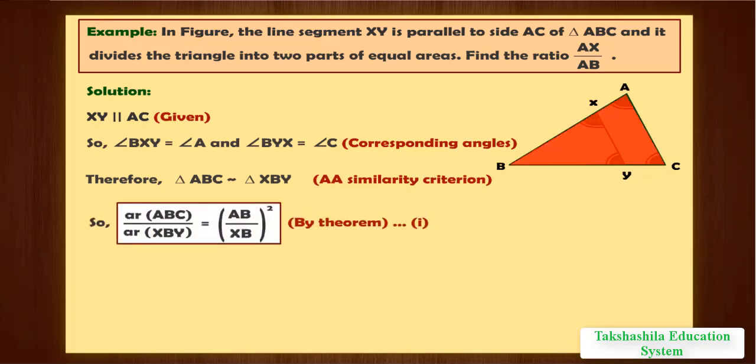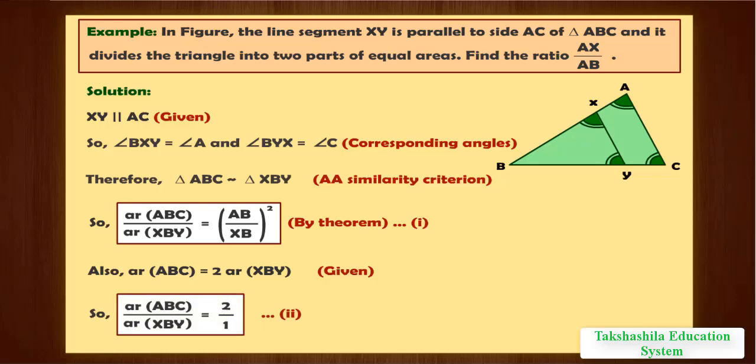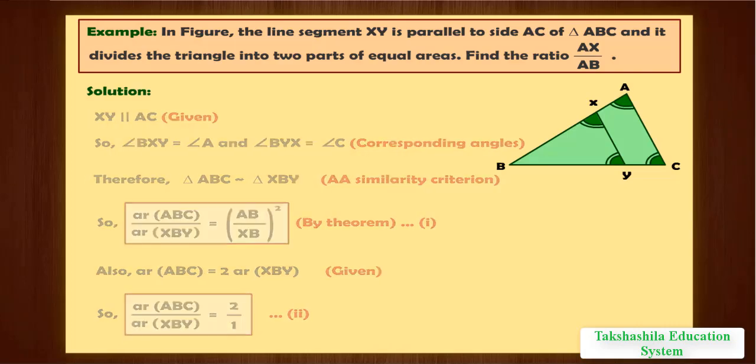So, by the theorem, area ABC upon area XBY is equal to AB upon XB whole square. This is equation 1. Also, area ABC is equal to twice the area XBY as given. So, area ABC upon area XBY is equal to 2 upon 1. This is equation 2.